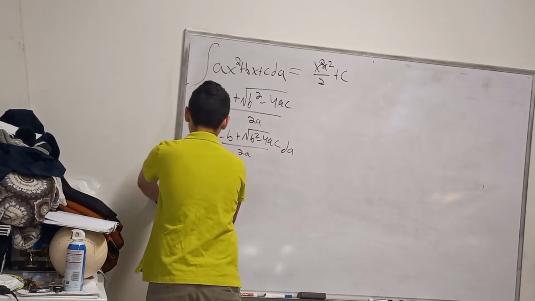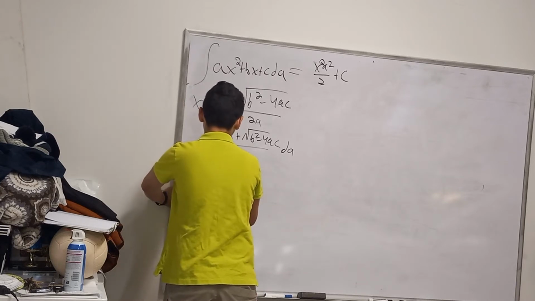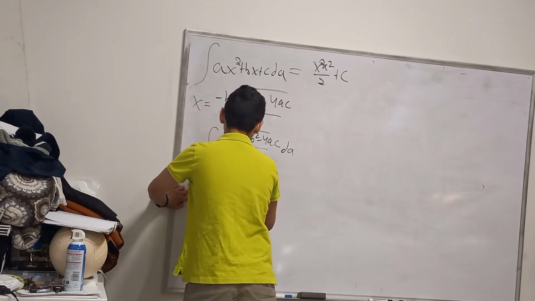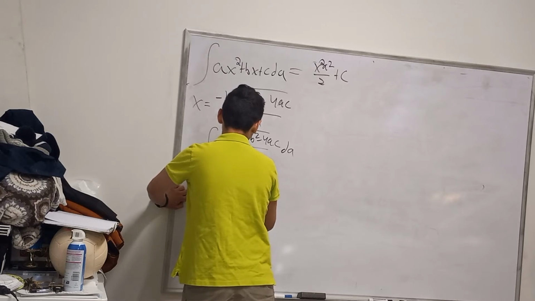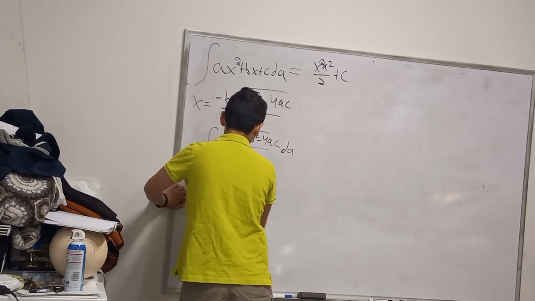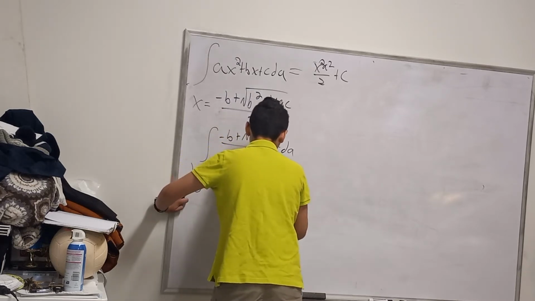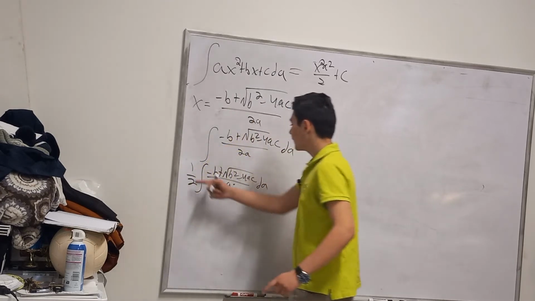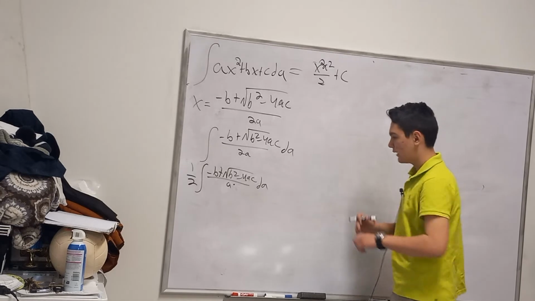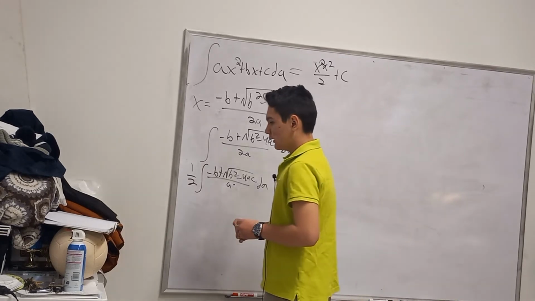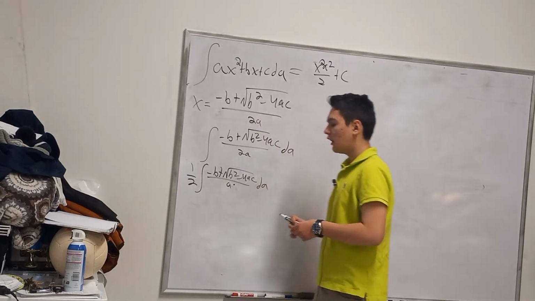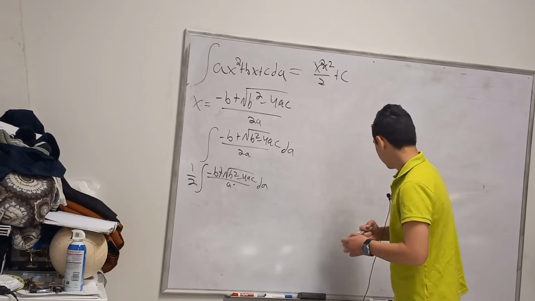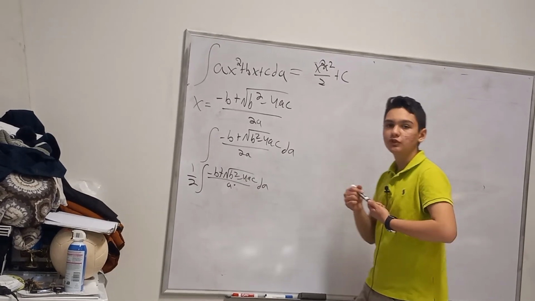So we get 1/2 the integral from negative b plus the square root of b squared minus 4ac over 2a dA. Or no, over a, my bad. There's no 2 because we got rid of the 1/2. Okay, now let's do a u substitution. I feel like this would be a good spot for a u substitution.